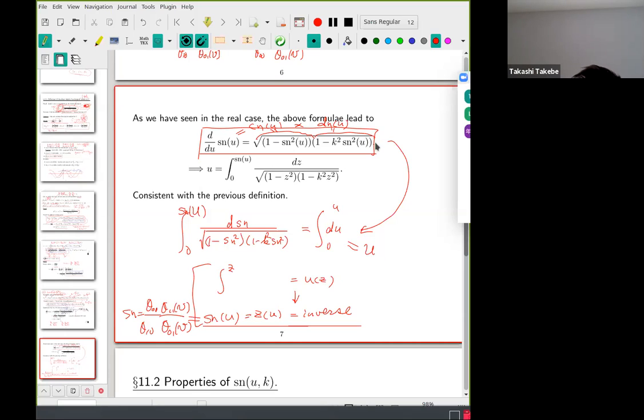So do you agree that these two equations mean the same thing? Just by solving this differential equation, we get this expression, or by inverting this, we get this. This is the usual method of solving an ordinary differential equation by separation of variables.